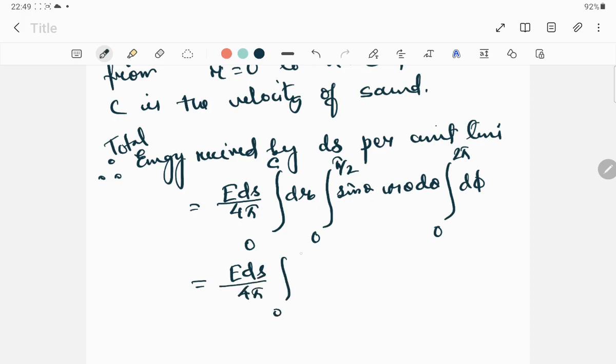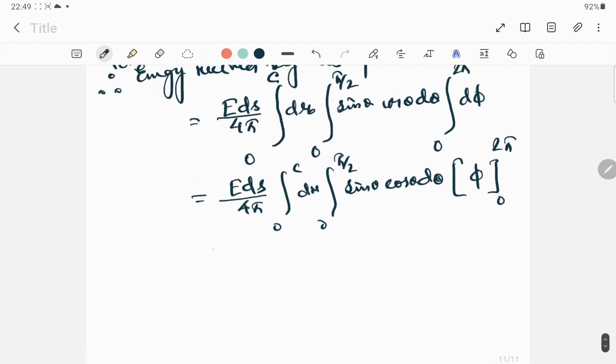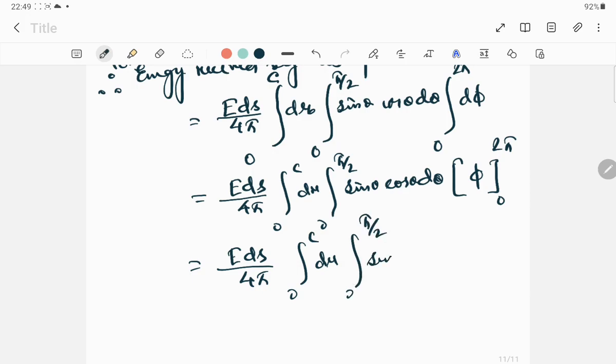So finally we will have E ds by 4 pi. Let us do one by one. Integral 0 to pi by 2 of sin theta cos theta d theta, and d phi means 0 to 2 pi. So E ds by 4 pi, integral 0 to c dr, integral 0 to pi by 2 sin theta cos theta d theta, and this is 2 pi.